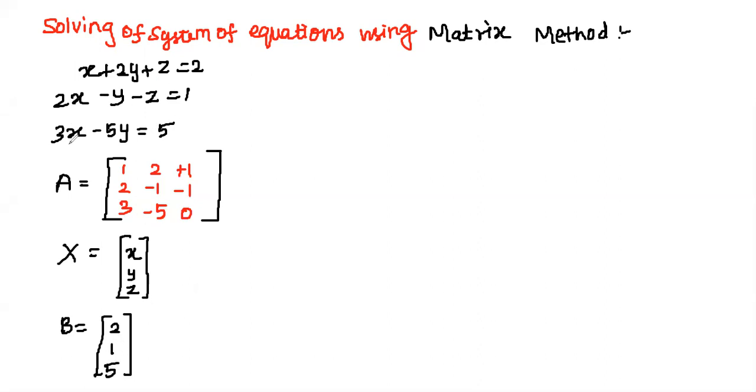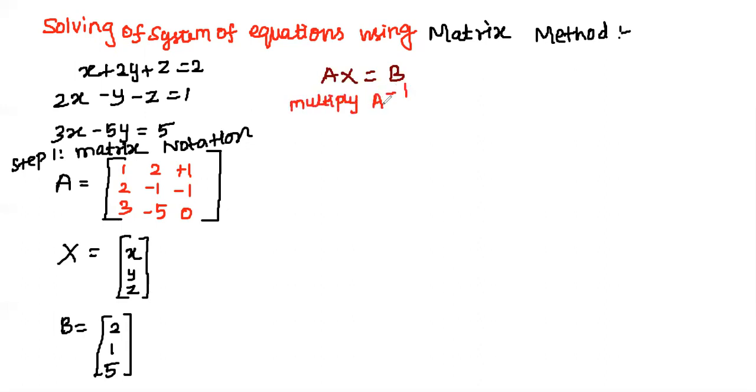So the first thing is you have to write it in matrix notation. For determining the values of x, y, z, first we write AX equal to B. Now I'm going to multiply both sides by A inverse.